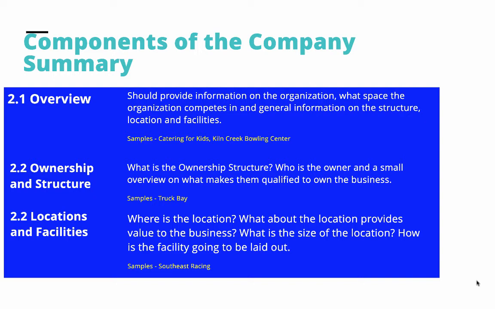Now, when we talk about location and facility, you might be like, I don't have a location or facility right now. And so this is when you say, here is a location of where I would like to be. And generally, you're going to want to find an actual physical location, find out what the size of the location is going to be, and you'll be determining the layout and such.